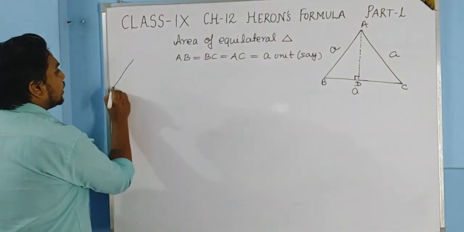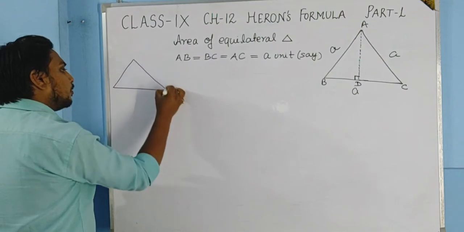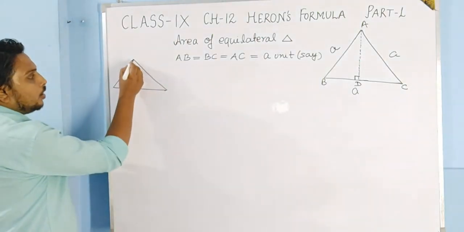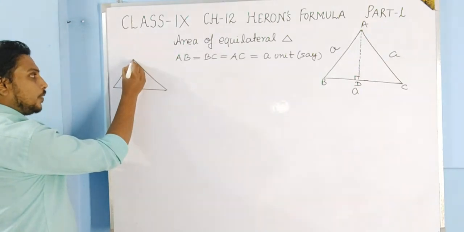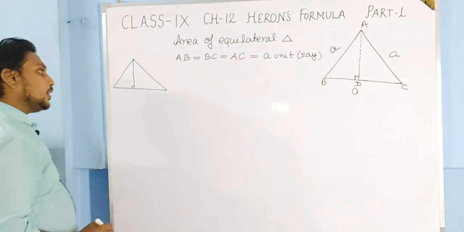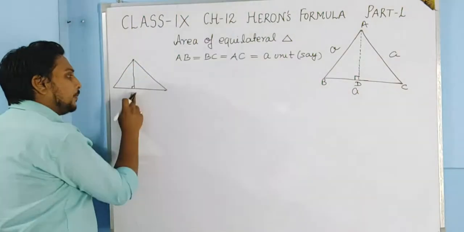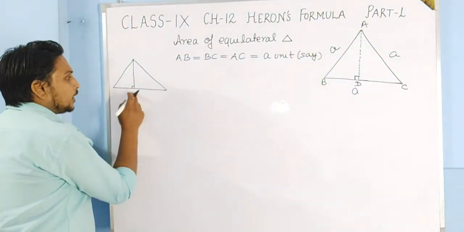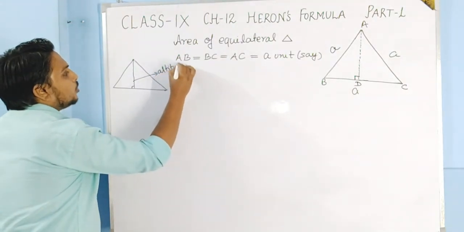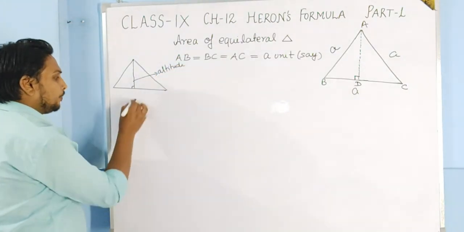Let us understand. See students, if we draw a line from any vertex which is perpendicular to the opposite side, then this is called the altitude.